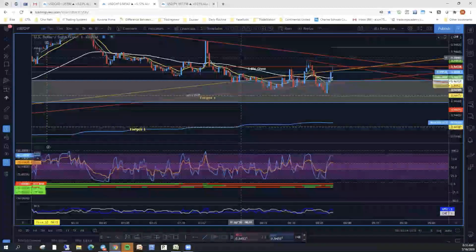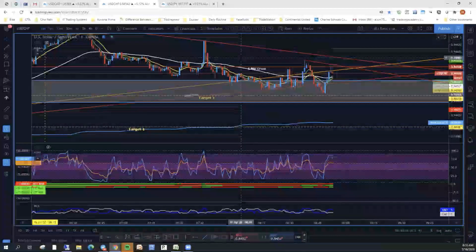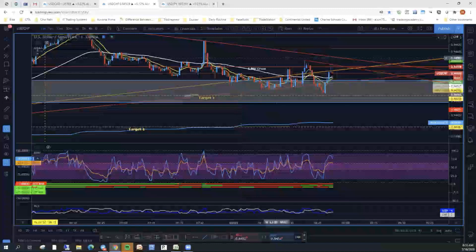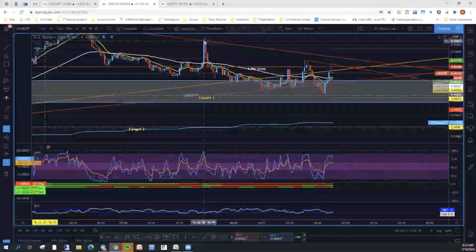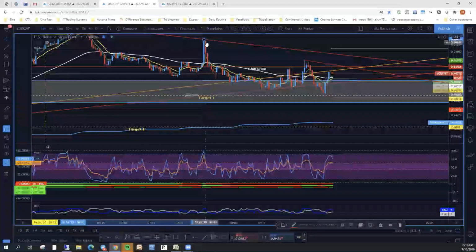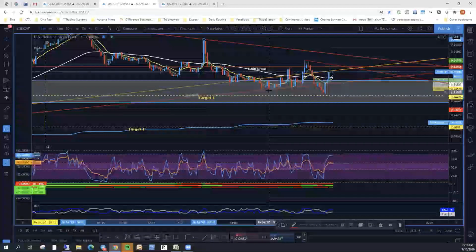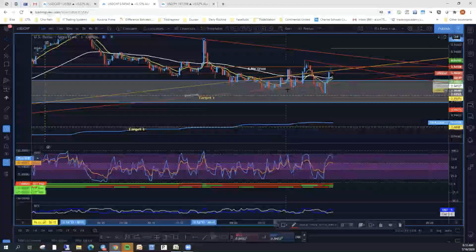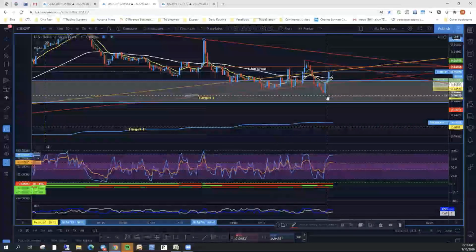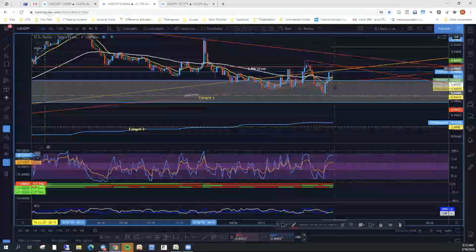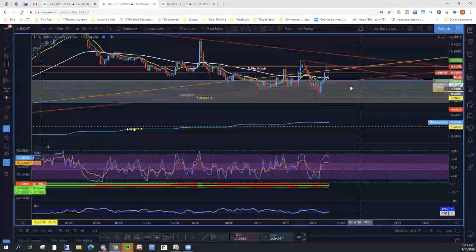Looks like a wedge inside of a wedge and maybe another wedge. So it keeps on making lower highs. Here was a high, lower high, lower high, lower high, low. This was a little bit of a higher low, but it broke, came back to retest, and now we'll see what happens here.